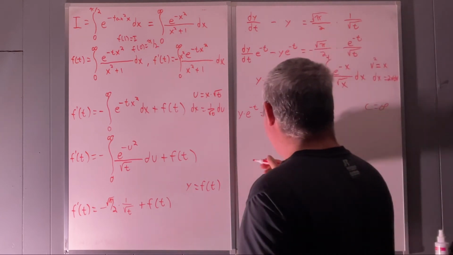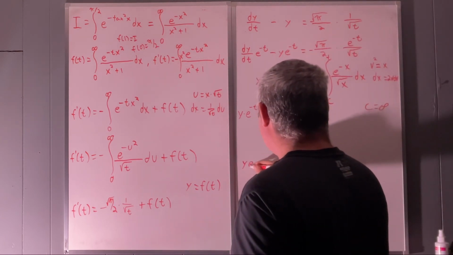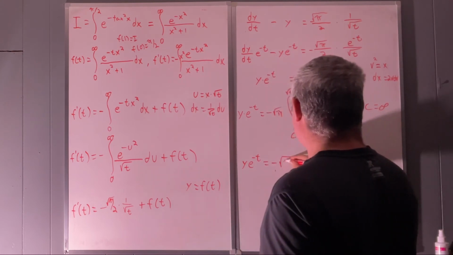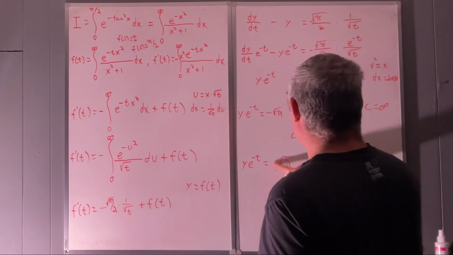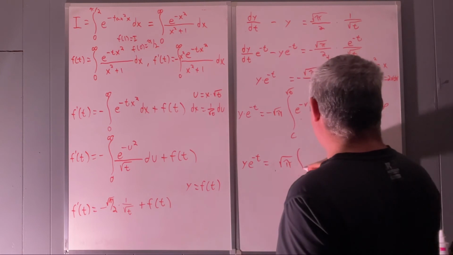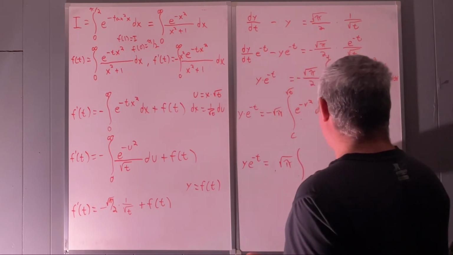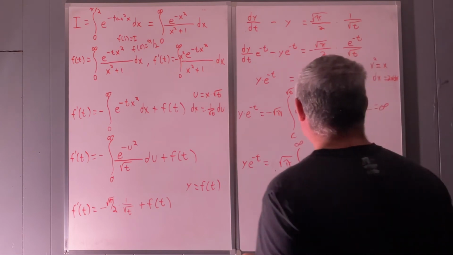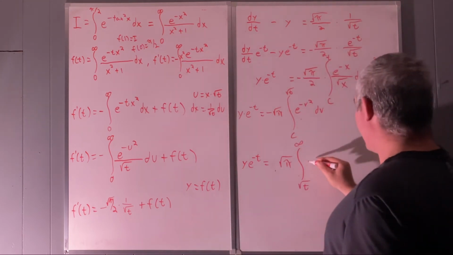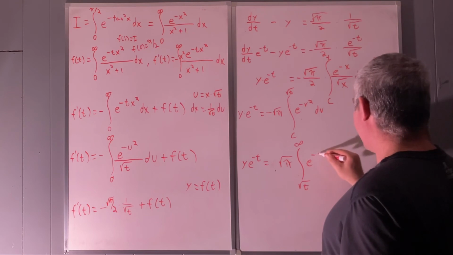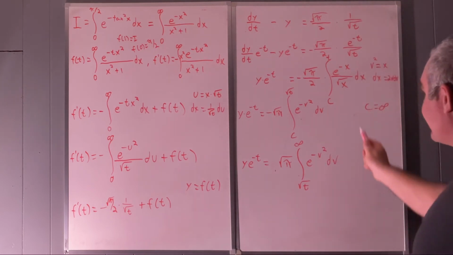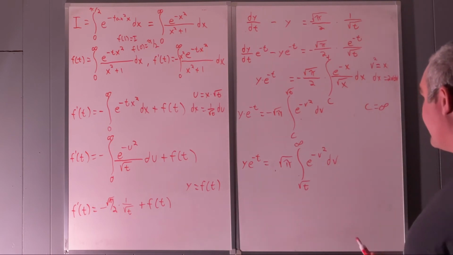So now we have that y times e to the negative t is equal to negative square root of pi. Let's get rid of that negative sign and switch the bounds. We're going to have the integral from square root of t to infinity of e to the negative v squared dv. Yeah, that's exactly this.